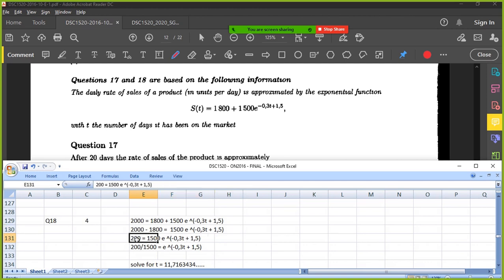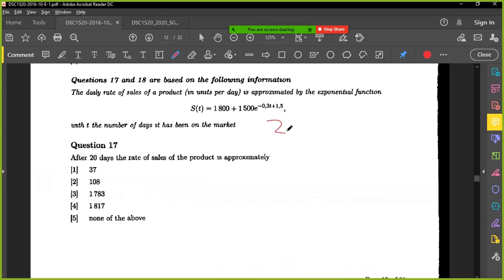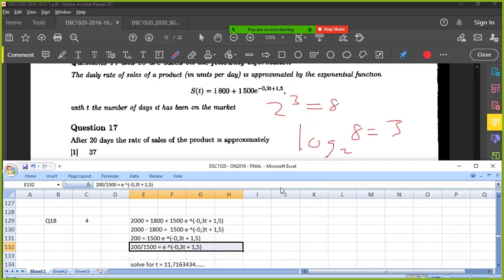The next step, I divided the 2000 by the 1500. And then I'm left with that. Then I remember that 2 to the 3 equals 8, and then log 2 of 8 equals 3. Then I'm using that to get t. Did you manage that? Is that all right? Yeah.